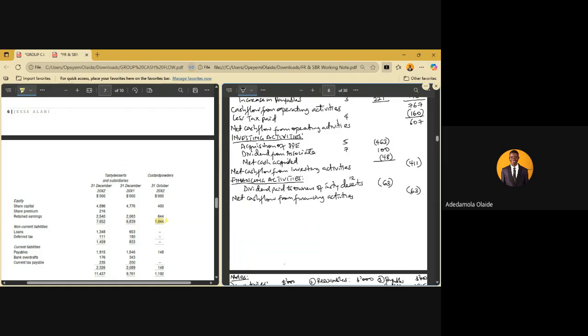-63, negative. What do we have as the net cash flow for the year? And what will we have as the net cash flow at the beginning of the year? 133. Total net cash flow, 133. Positive or negative? Positive.